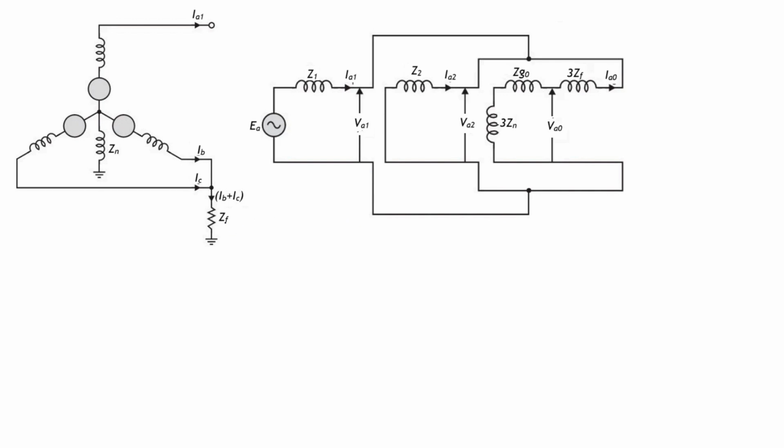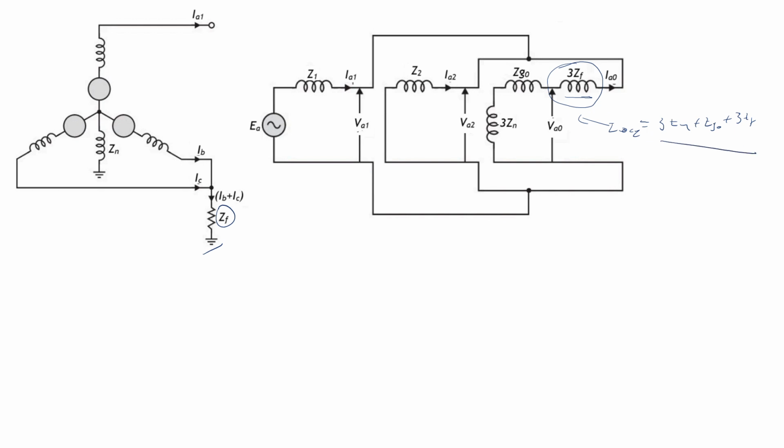Here there is a grounding effect, so we need to add this in the zero sequence diagram, the 3ZF. If you calculate the zero sequence diagram for LLG fault, what is the Z0 equivalent? Z0 equivalent is equal to 3Zn plus Zg0 plus 3ZF. So you need to add these three things.